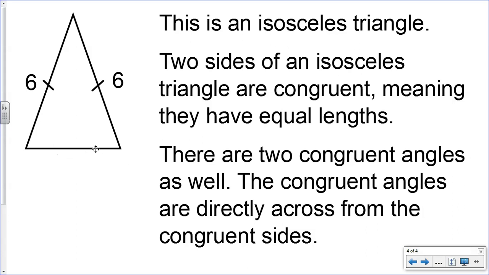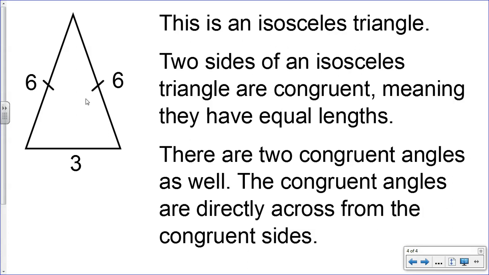So this has a completely different measurement. And I'm going to call it, just for the sake of this argument, 3. So this is an isosceles triangle because it has one side that is 3 and then 2 sides that are congruent or equal in length. And they're going to have the same measurement. So that's 6.